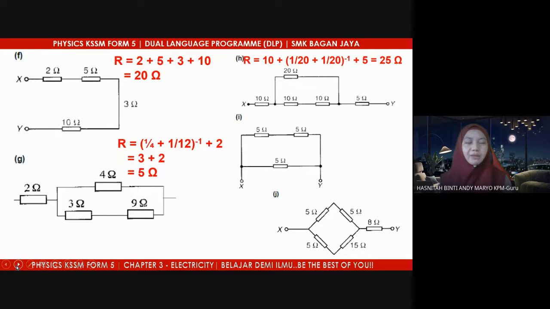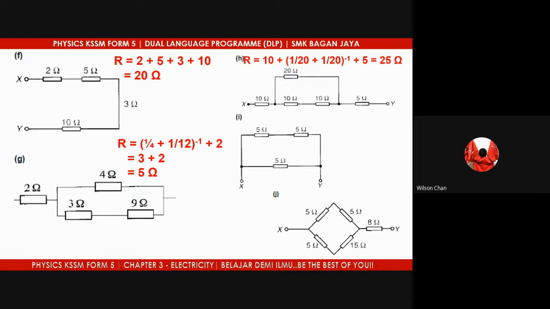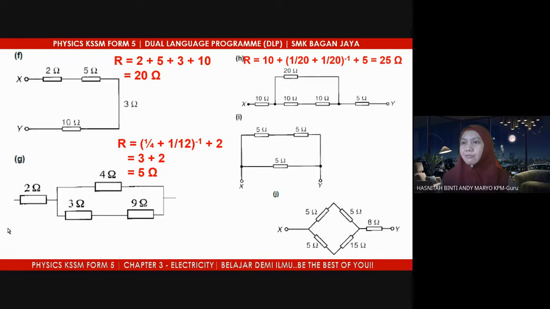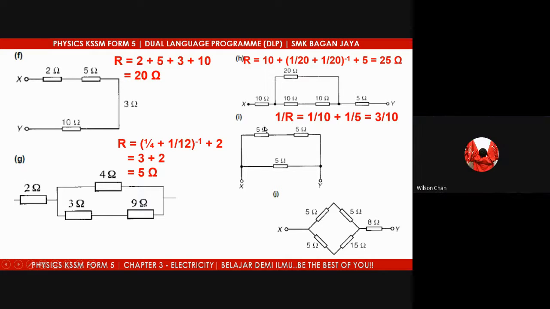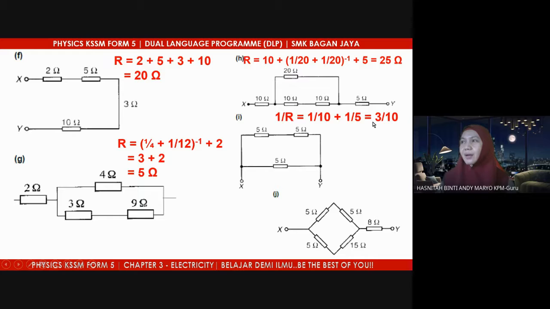Okay, what do you get for I, students? Um, 5. Okay, is it 5? You can check. Ini kita ada 1 over 10, this one total is 10. Then ini 5, so 3 over 10, so total 5.